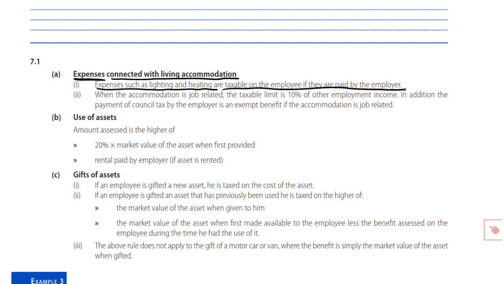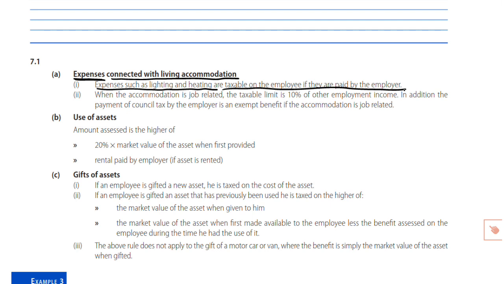Another typical and often significant cost that is incurred in relation to a property is a local government tax known as council tax. And if that is paid by the employer, it could run into several £1,000s potentially, so it's a big number.